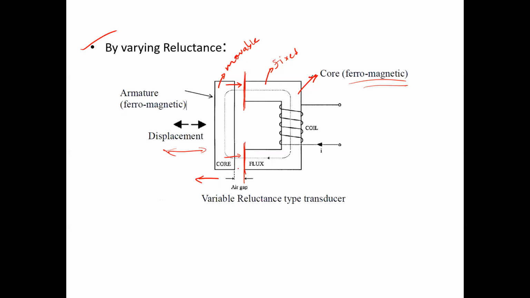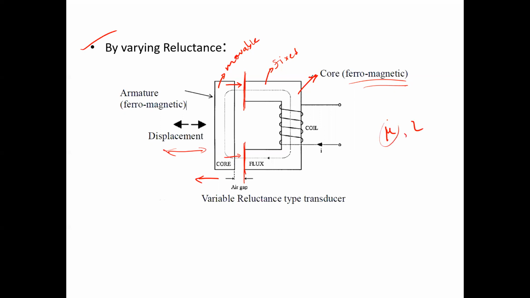As the air gap is getting increased, apart from the ferromagnetic core, the air gap will also introduce change in the overall permeability of the magnetic path. So the permeability will change, and also the length of the magnetic path will change due to the presence of the air gap.